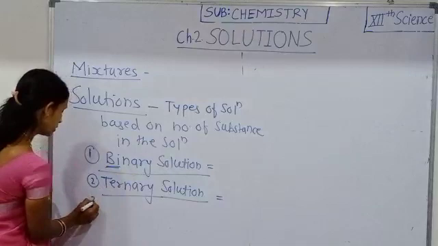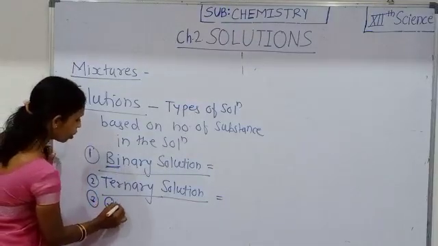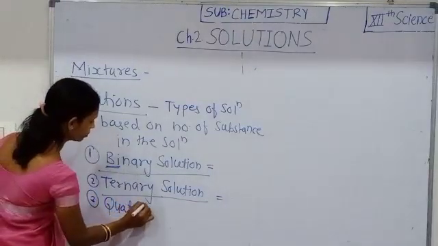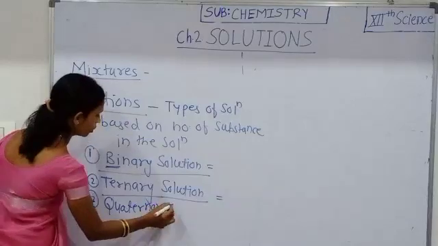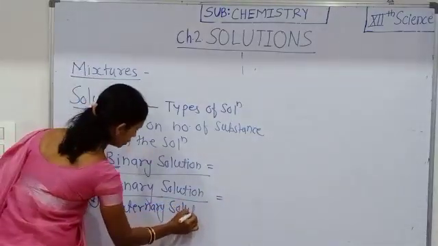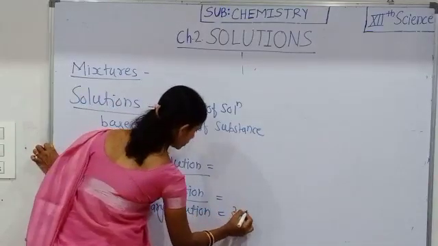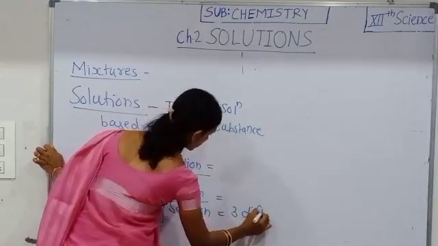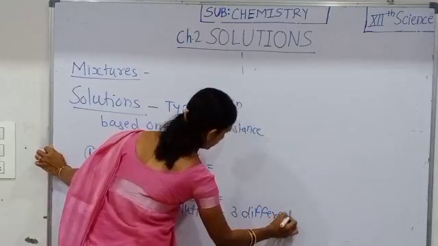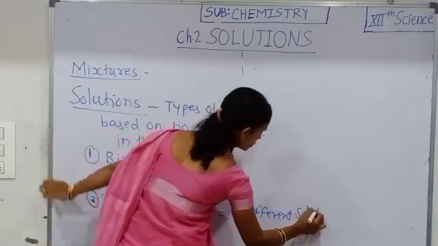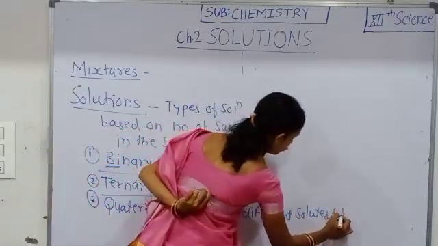And the third one is the quaternary solution, in which there are three different solutes and only one solvent.